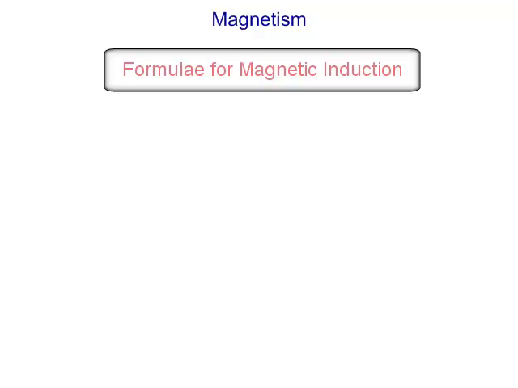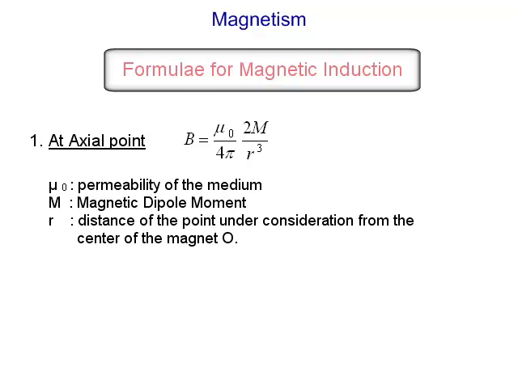The magnetic induction at an axial point is given as B equals mu naught upon 4 pi into 2M upon r cube, where mu naught is the permeability of the medium, which allows the magnetic forces to act. Capital M is the magnetic dipole moment, and r is the distance of the point under consideration from the center of the magnet O.